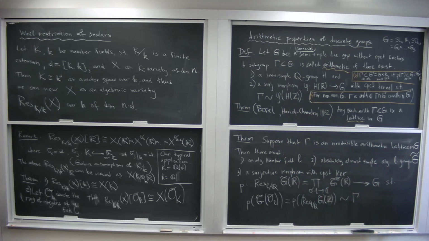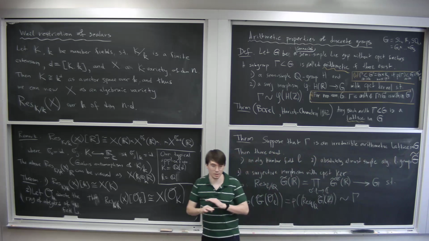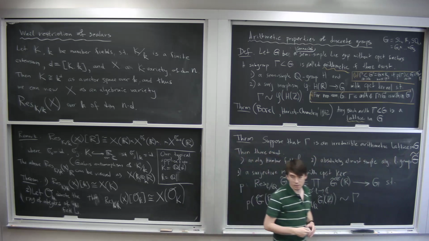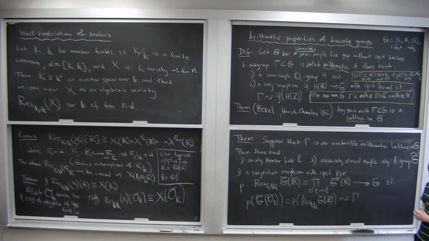Okay, I do not want to go into details, but absolutely almost simple means that it's really simple, like everywhere. I mean, it's simple even over C, so it doesn't split anywhere. Okay, its diagram is going to be connected, and so on and so on. So, for instance, which groups are pretty good in this sense.